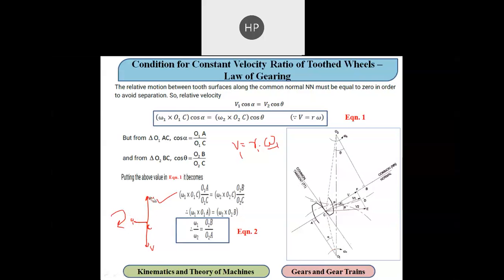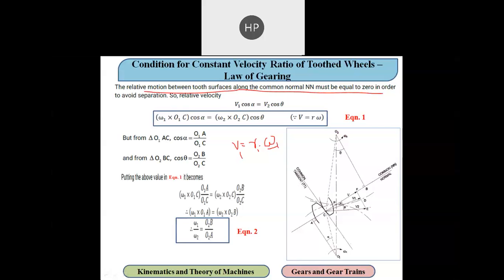Now we have to put in all these values, and what is our requirement? The requirement is that the relative motion between the two surfaces along the common normal must be equal to 0.